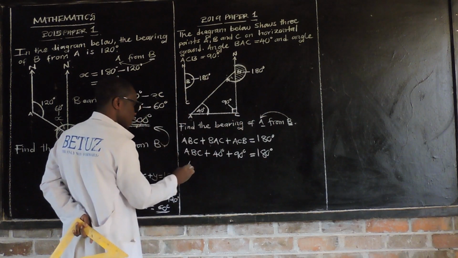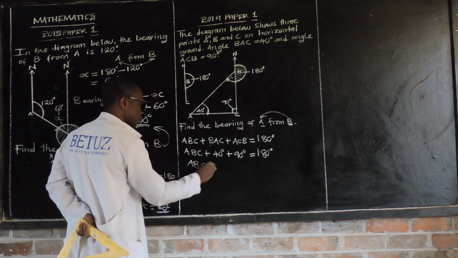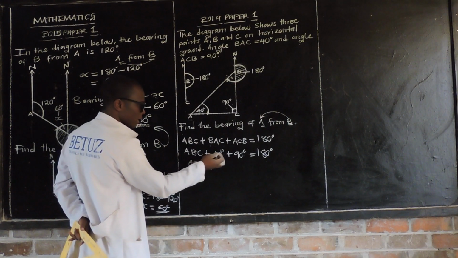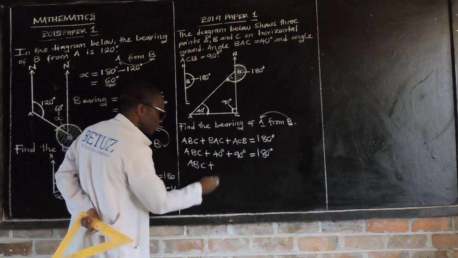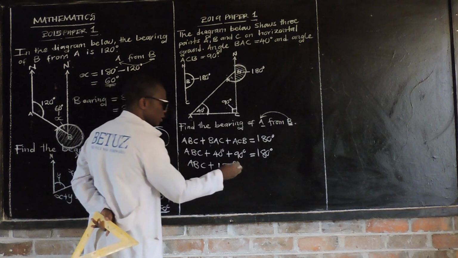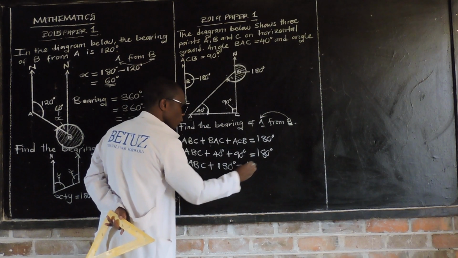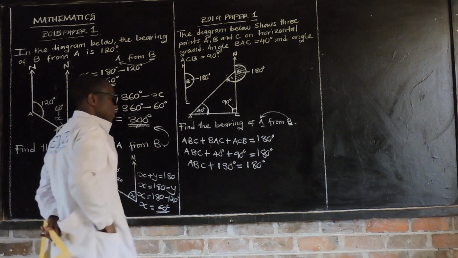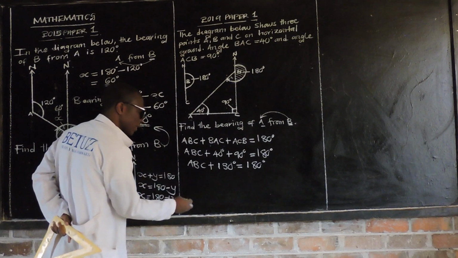So in this case, just say ABC plus 40 plus 90, you get what? You get 130. 130 degrees is equal to 180 degrees. Okay. Then in this case, what I'm supposed to do is collect the like terms.